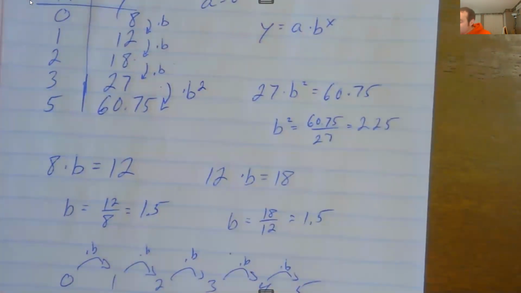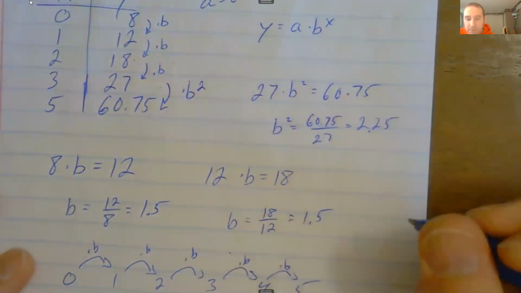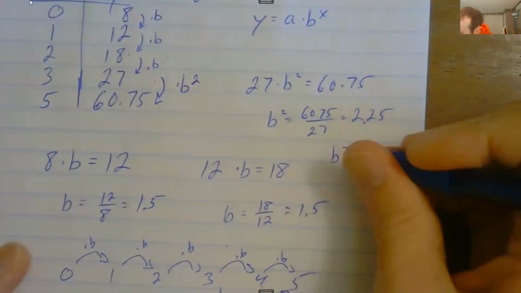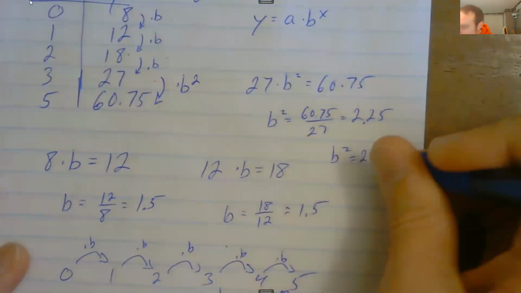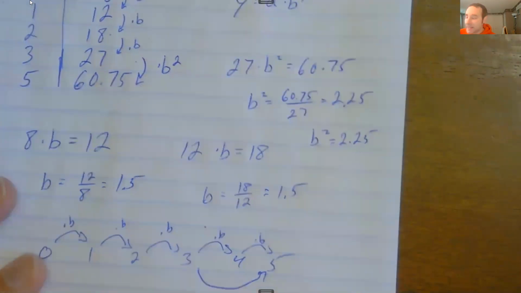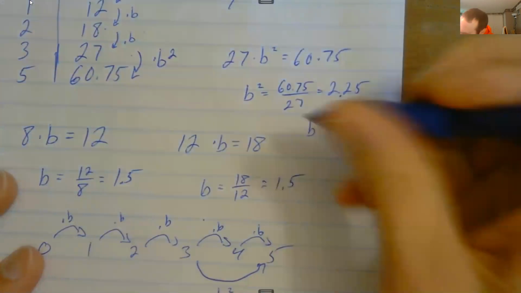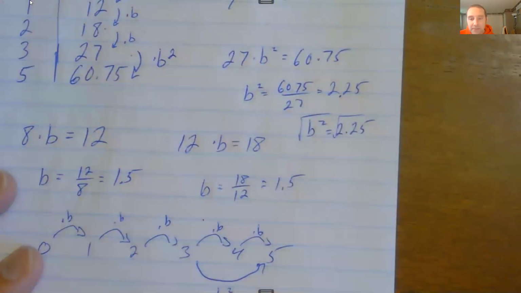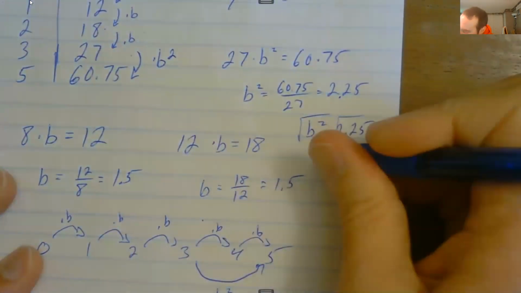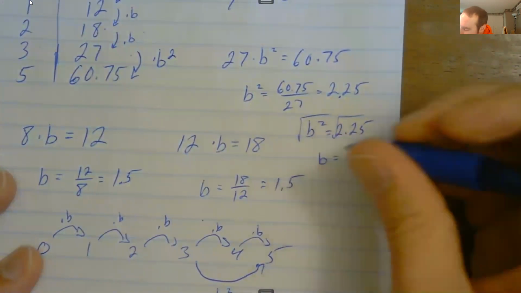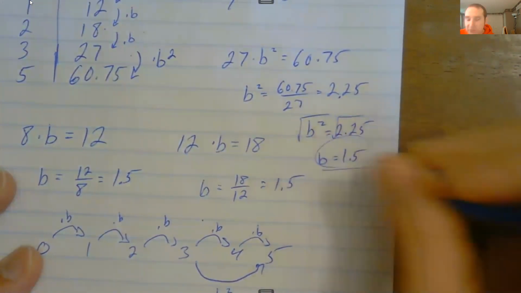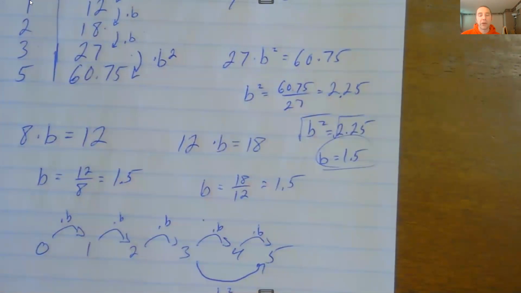So that's what b squared is equal to. I'm running out of room here. b squared equals 2.25. If I want to solve for b, how do you undo squaring something? I'm going to square root things. If I square root both sides, I find that b is, oh, there's that 1.5. So just another way we could have found that b was equal to 1.5.